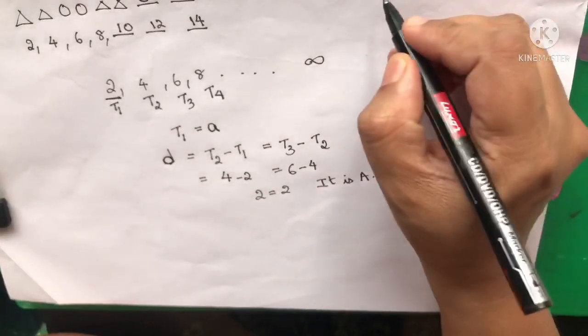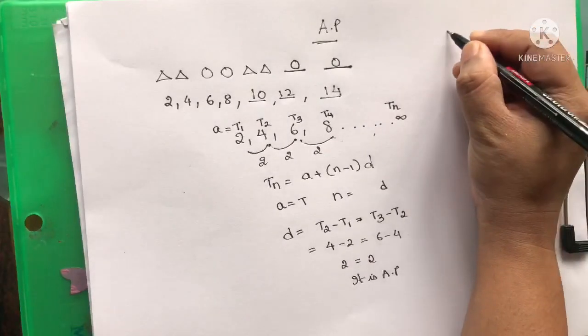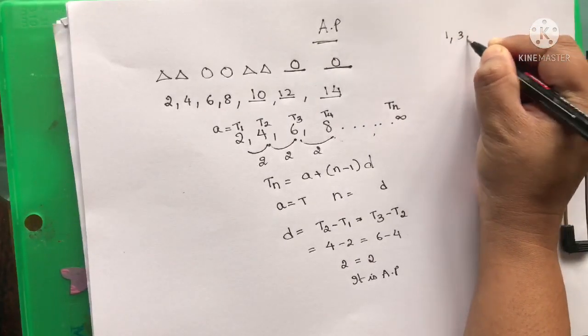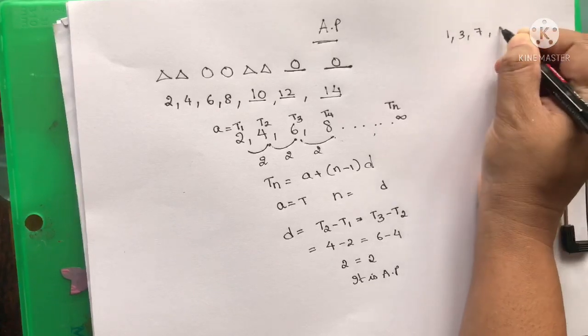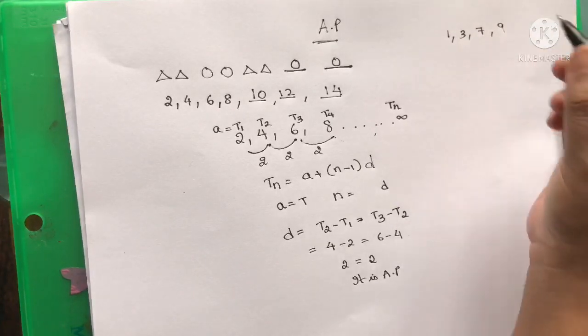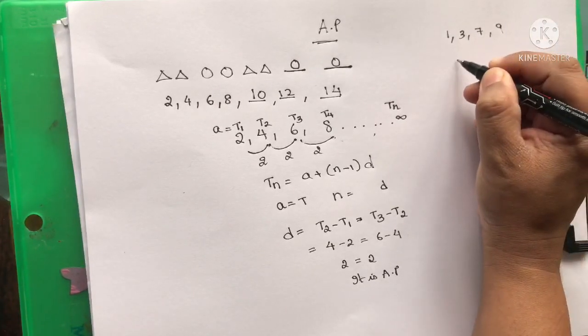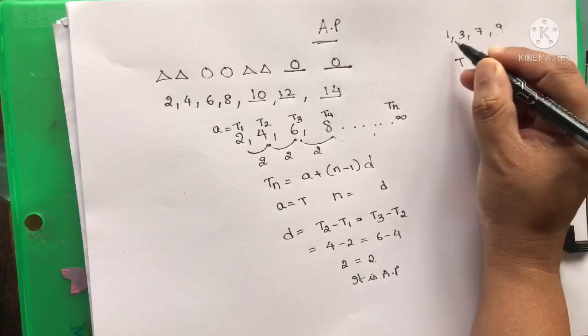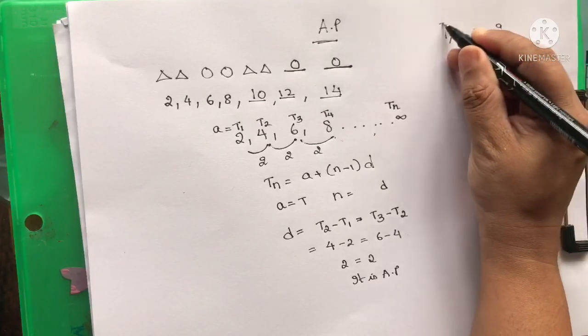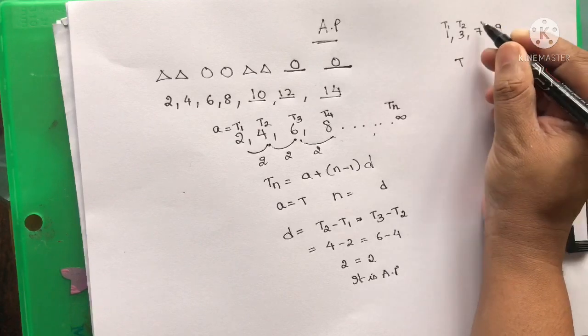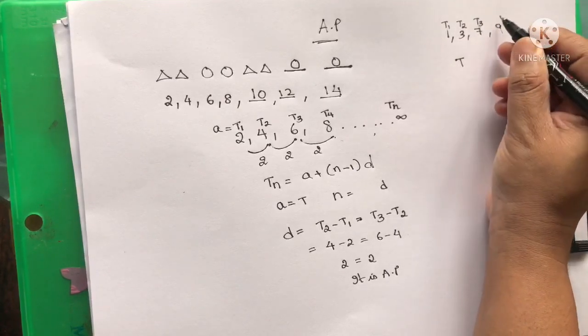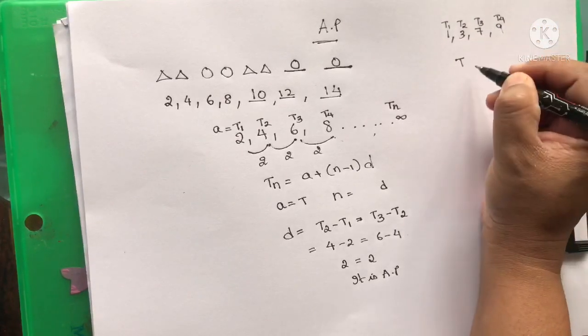For example, let's take one example. If I say 1, 3, 7, 9 and I say this is a sequence. In this case, your first term is 1, second term is 3, third term is 7 and fourth term is 9.